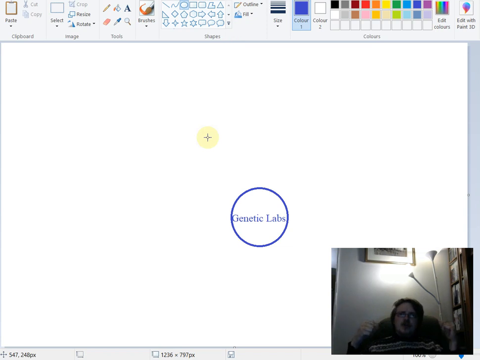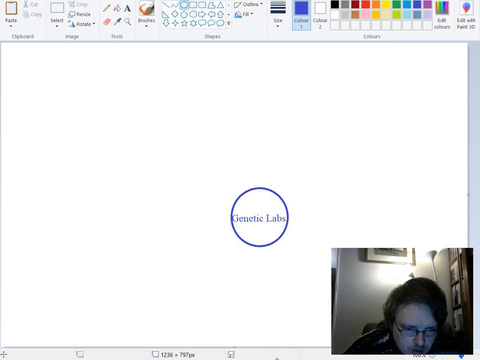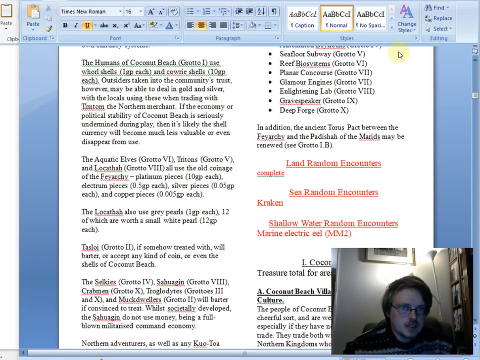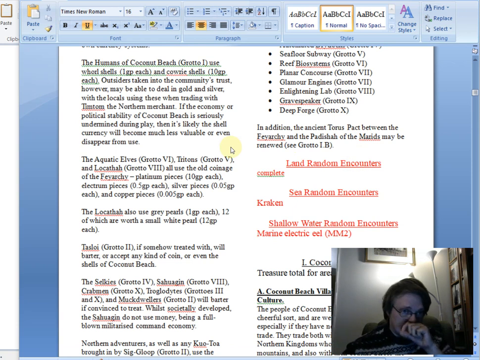My idea for these Sahuagin is that they're a sort of military or militaristic command economy government, and this contrasts to the organisation of everyone else. The Locathah, for instance, let's do it. One second. So yeah, we've got some more relevant information about the setting in one of the master documents here, which is mostly actually about their currency.